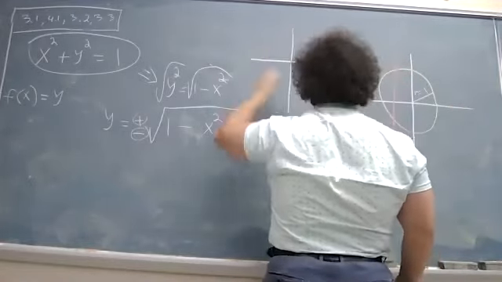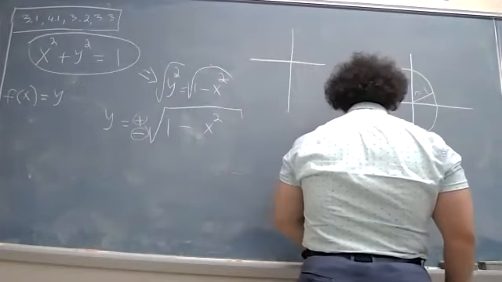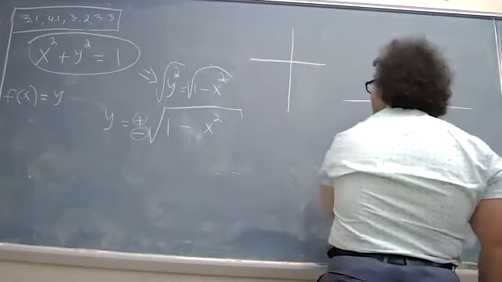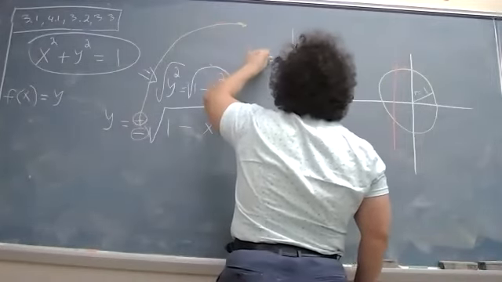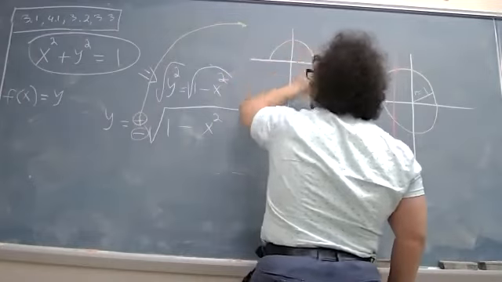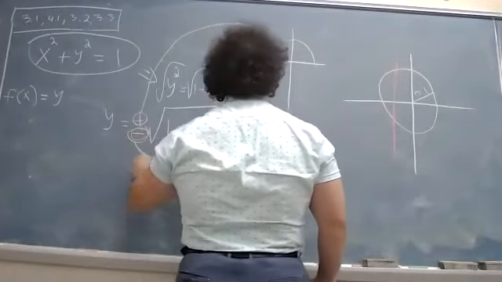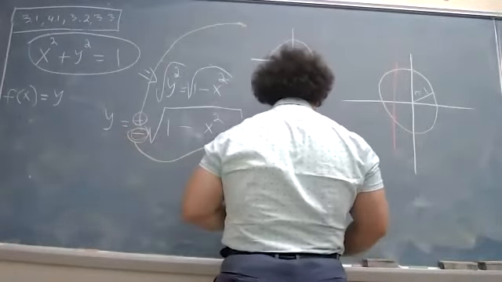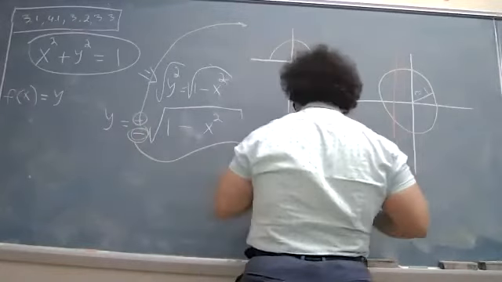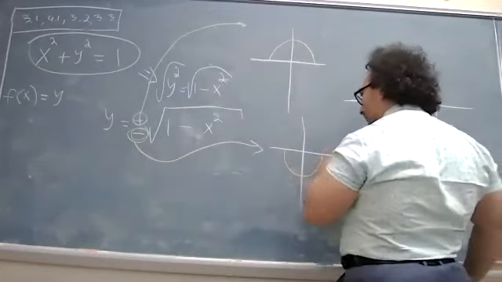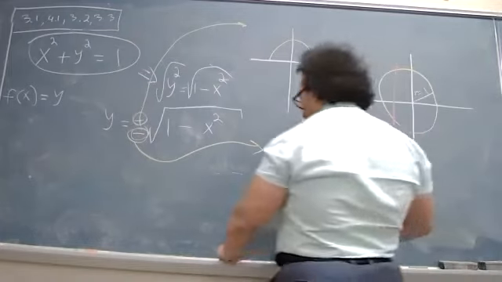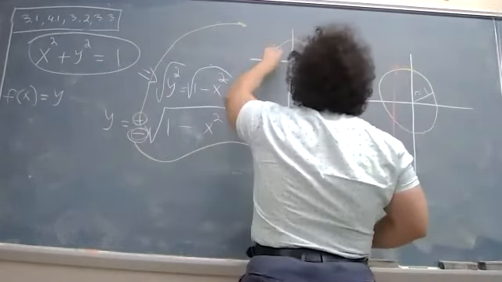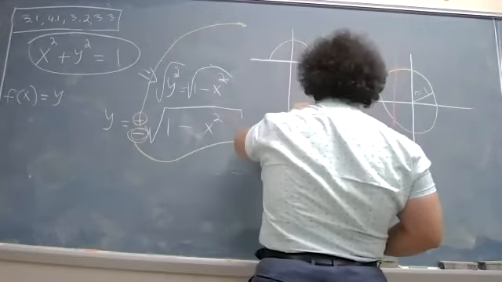And here's why. The plus generates this picture, the upper half of the circle. And the minus generates this other picture, the lower half of the circle. So if we were to take just plus or just minus, we would actually have a bona fide function because it would pass the vertical line test.